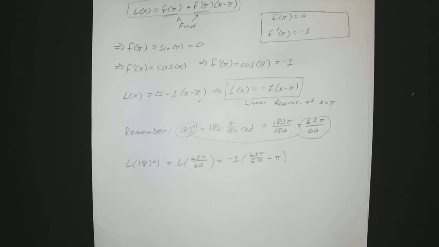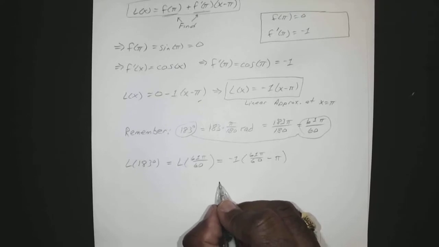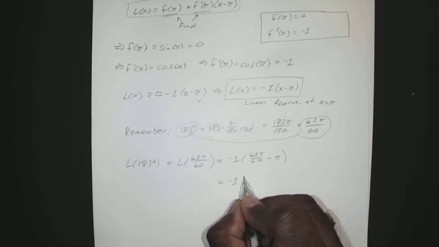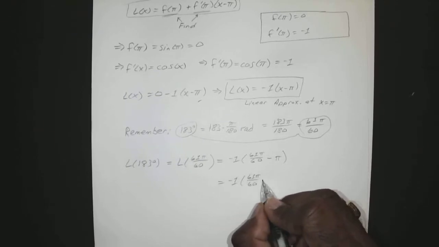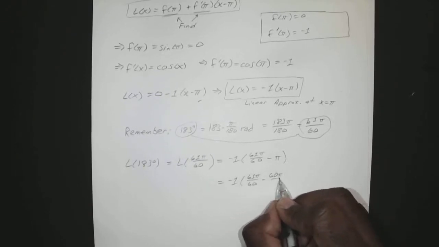Okay. So if we're going to subtract, we're going to need our common denominator. So we can make that -1 times 61 pi over 60 minus 60 pi over 60.